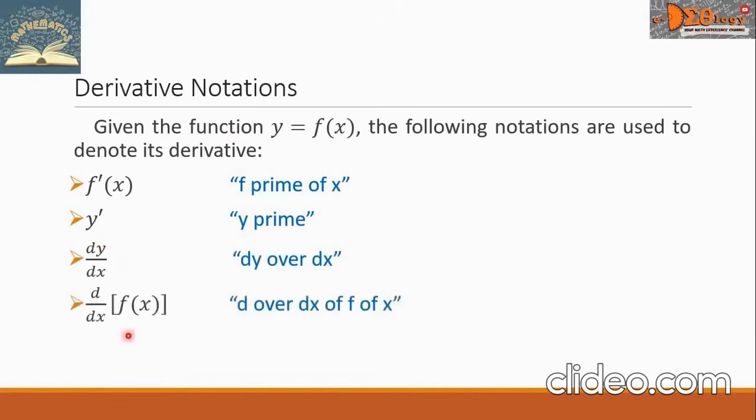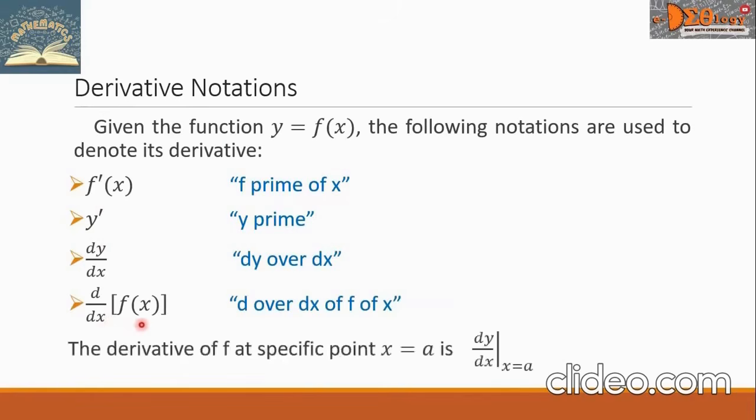This is the fourth notation, and this is read as d over dx of f of x. Now, the derivative of f at a specific point x equals a is dy over dx with the subscript x equals a. And we further evaluate this by f prime of a.